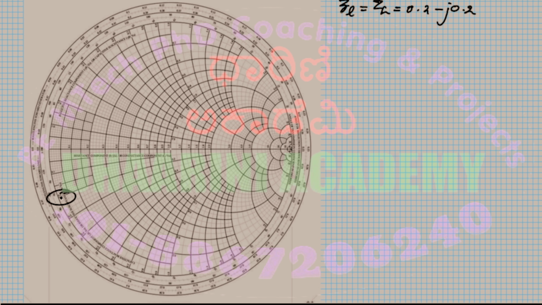So this is the one, the circle we are talking about. The intersection of those two circles will be the point. So 0.2 and minus 0.2. Let me mark that. This is the point ZL.